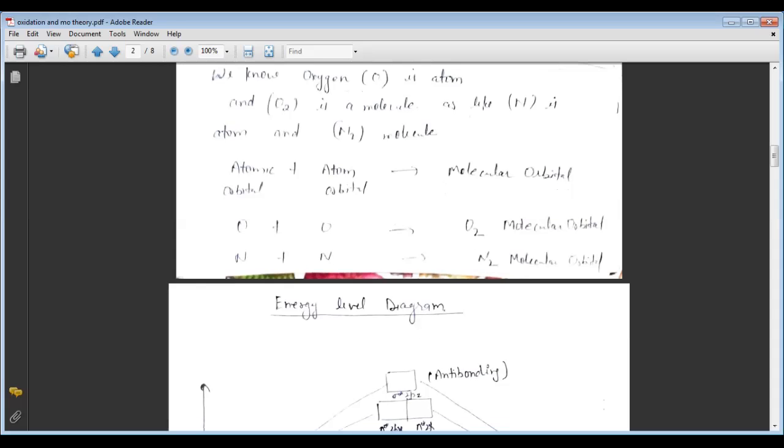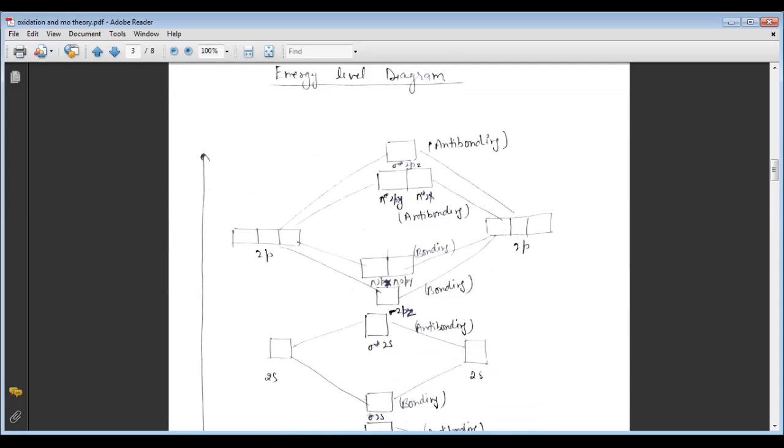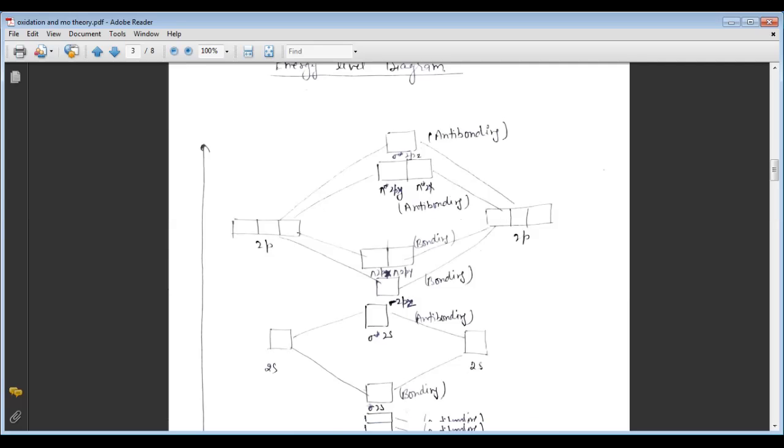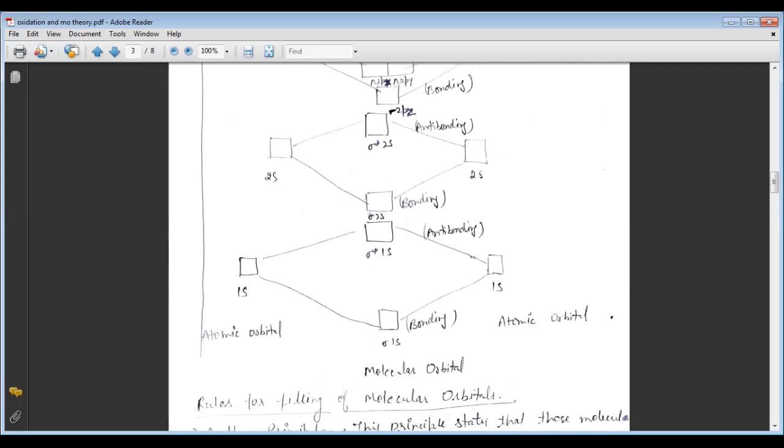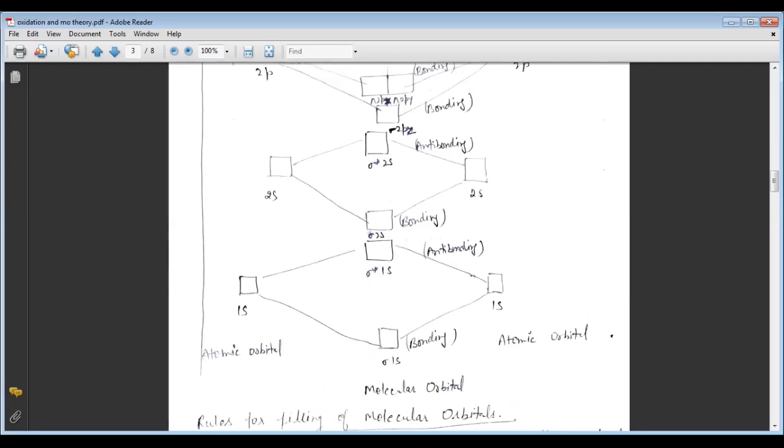So first of all, we can represent the energy level diagram. Here in this diagram, it is an empty diagram, where we can draw the atomic and molecular orbital diagram. The first one is in increasing order.